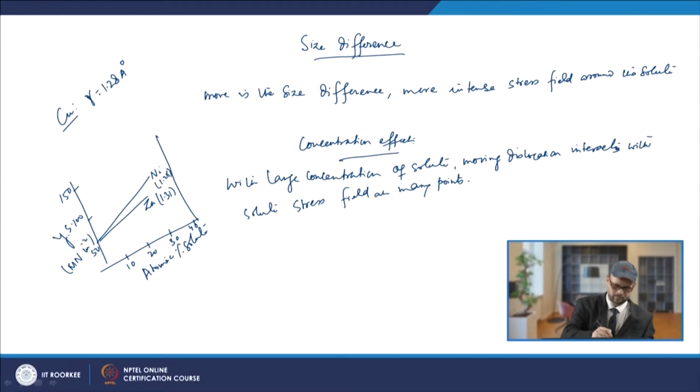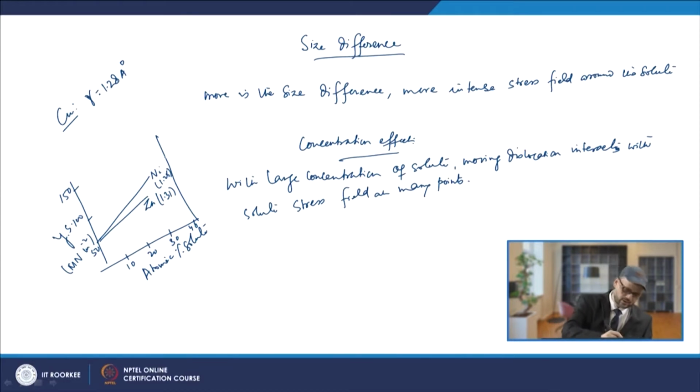So you do not see much change, but certainly when you increase the concentration, there is an increase in the yield strength of the material. This shows the effect of the concentration of the solute. When concentration is increasing, your yield strength is proportionally increasing.